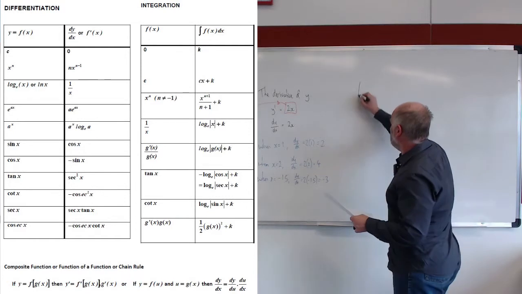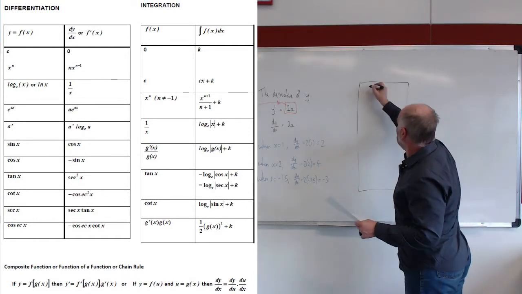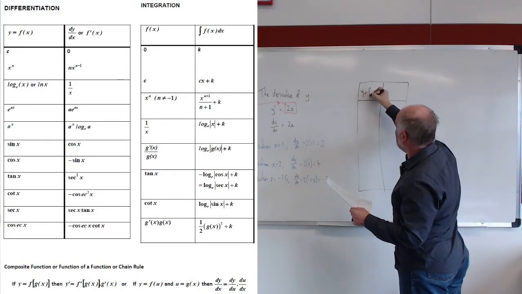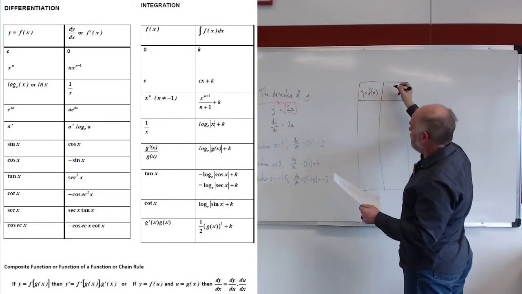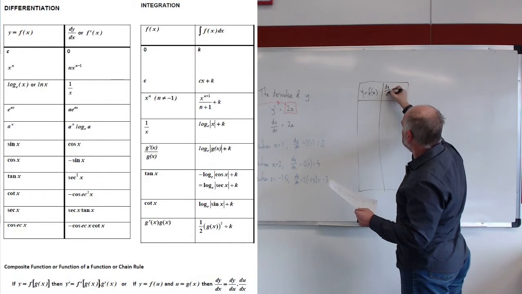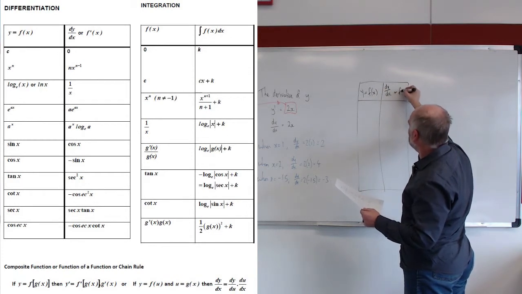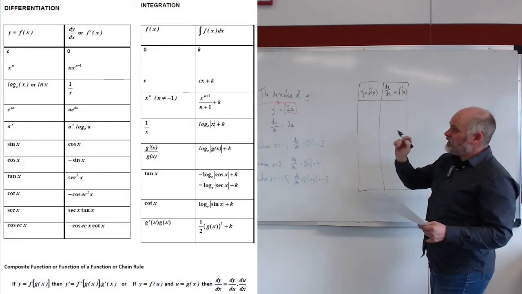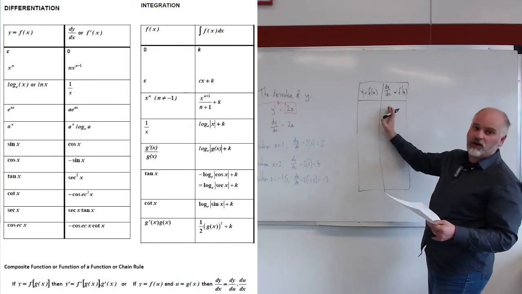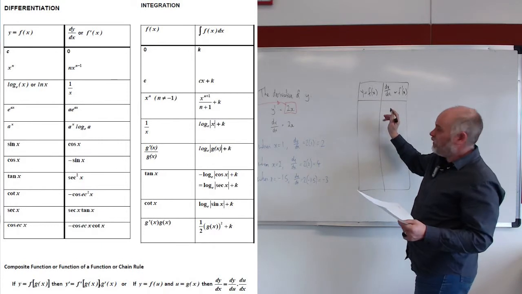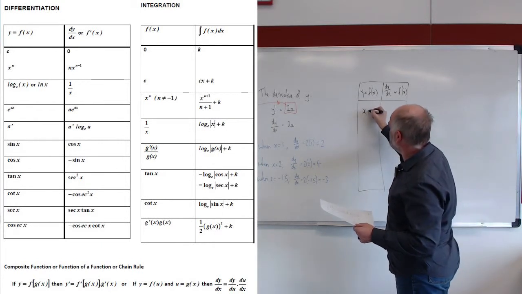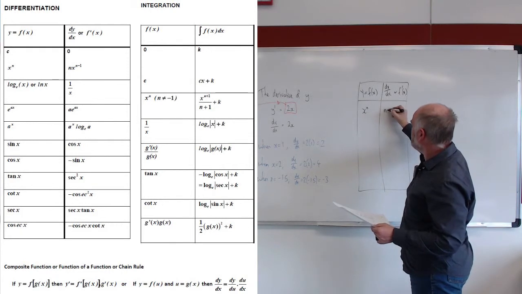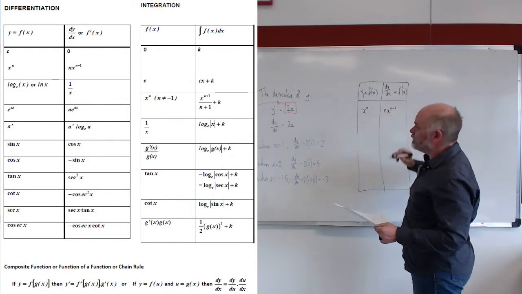And on the table, at the top, it says y equals some function, and on the other side, it says the derivative, or it's got that other notation, the dash notation. So it tells you each thing, what the function is, and what it differentiates to. And on that, it's got one that says x to the power of n, and the derivative is n x to the power of n minus 1.